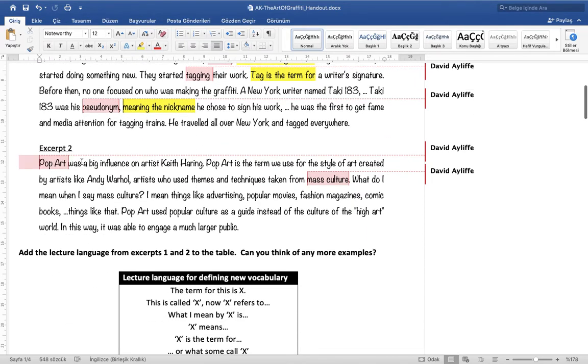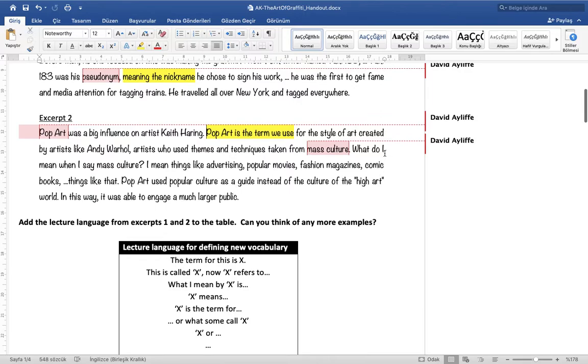Then pop art was a big influence on artists. Pop art is the term we use. Again, the language that the speaker is using to define a new vocabulary. Mass culture. What do I mean when I say mass culture? A language to define new vocabulary.